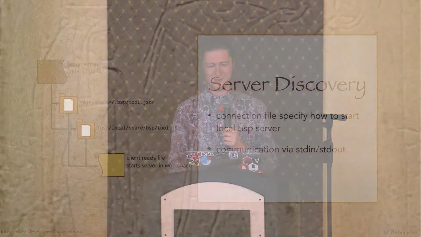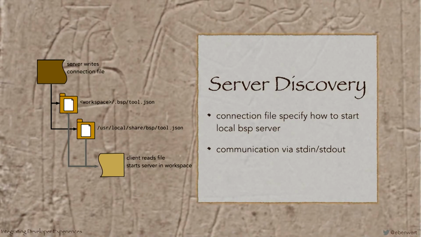And this file just tells you, hey, here's how to start a BSP server and how to talk to it. Usually that's just a standard in, standard out protocol. So very simple, generic system. And that allows you to write a BSP server and immediately import stuff into IntelliJ without us on the IntelliJ side having to do any support for your build tool.